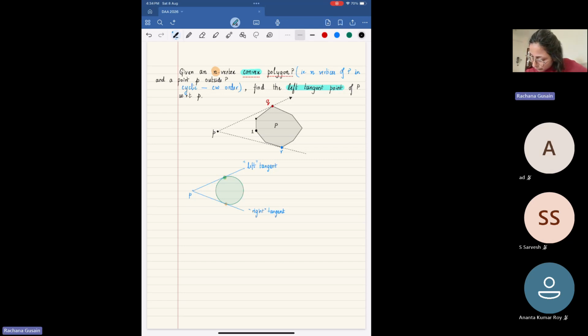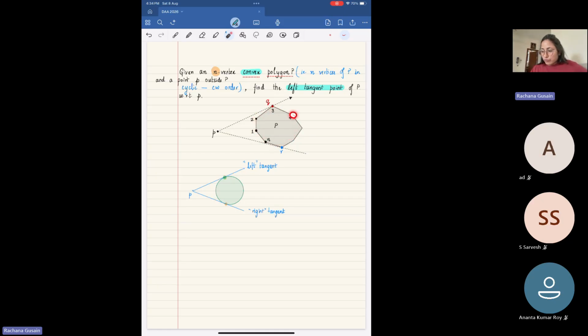Then I have the second point, and so on and so forth. So Q is actually the third point. Then the fourth point, and so on and so forth. Finally, I'll hit back to this point, which is the nth point in my input array. So 1, then the second point, the third point, and in the clockwise order, when I return back, this is the last point in my array.